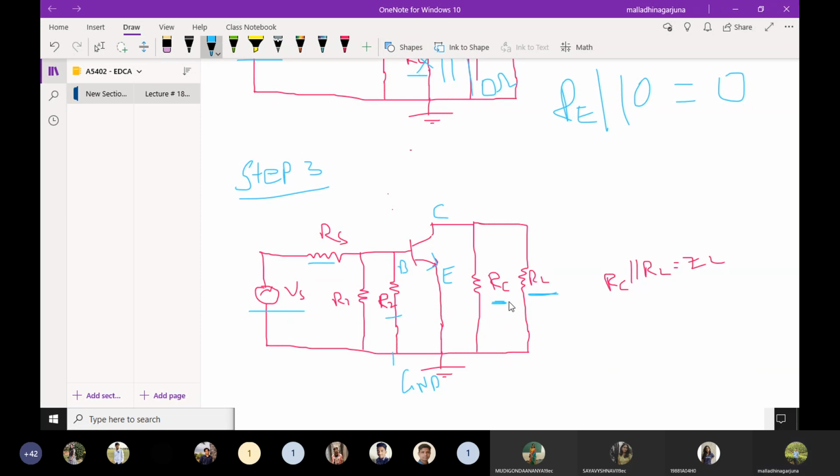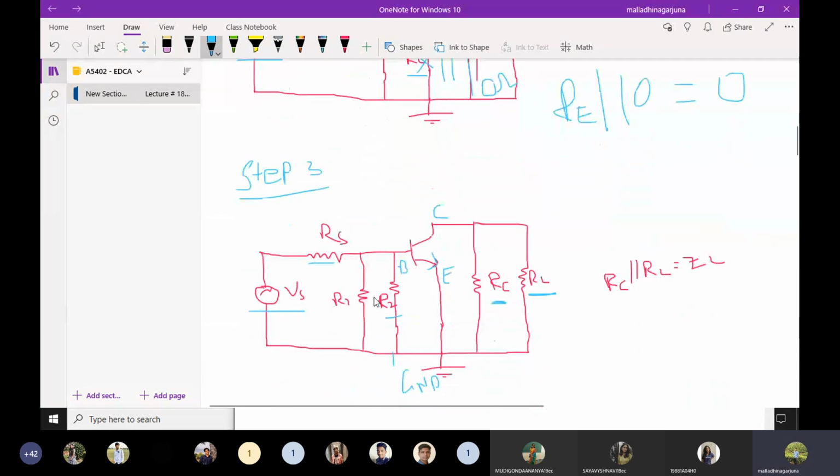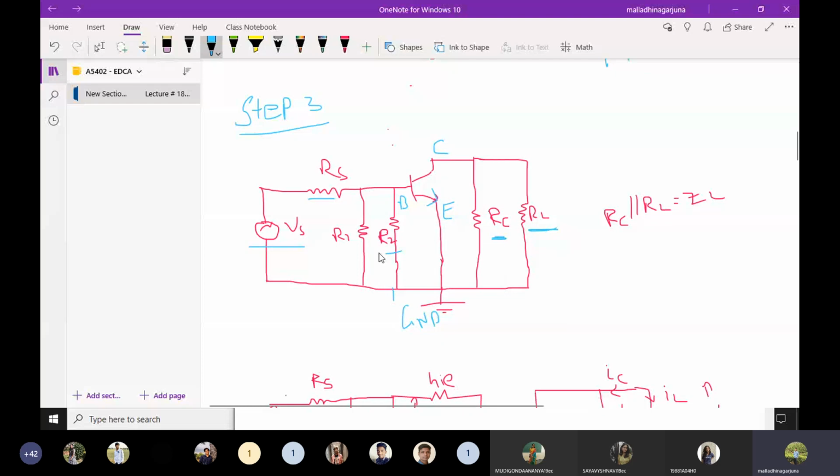If we compare the first circuit and this circuit, the only thing is that the R1 resistor goes parallel to the input resistance R2, and RC goes parallel to the output resistance RL. Why?